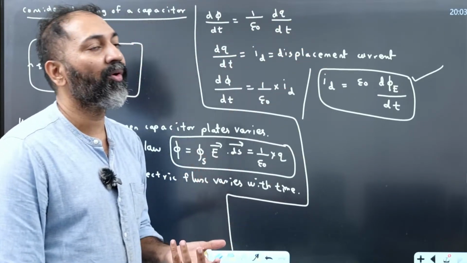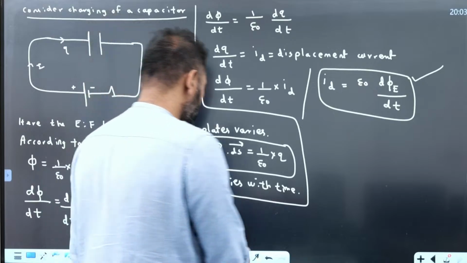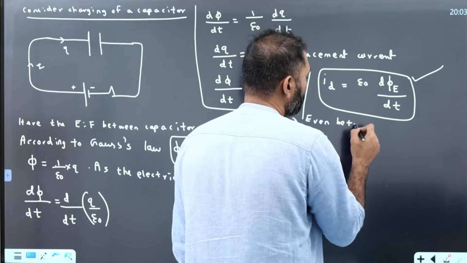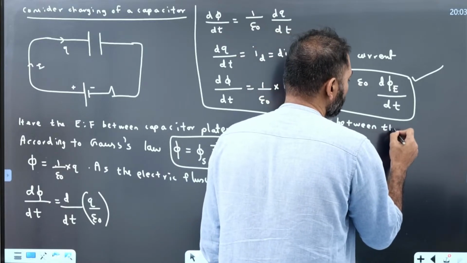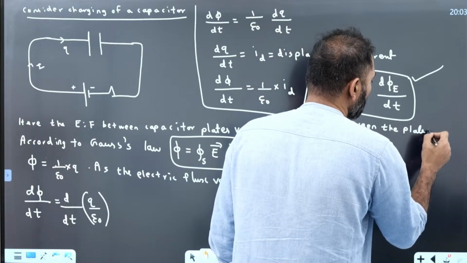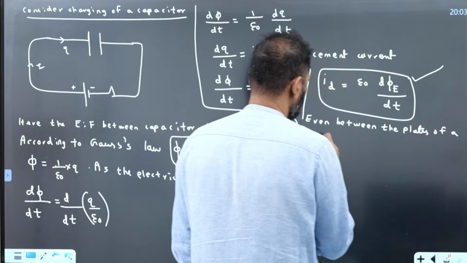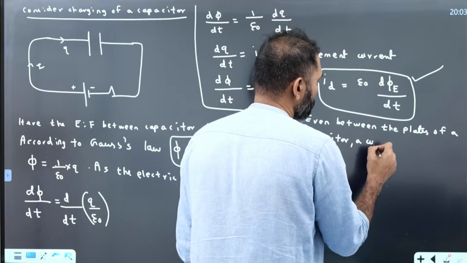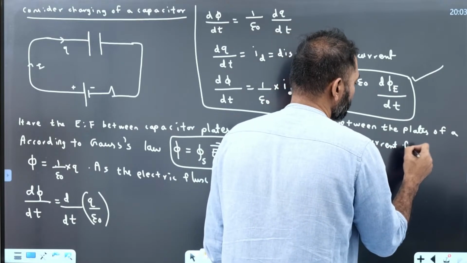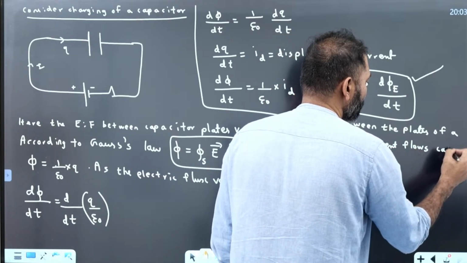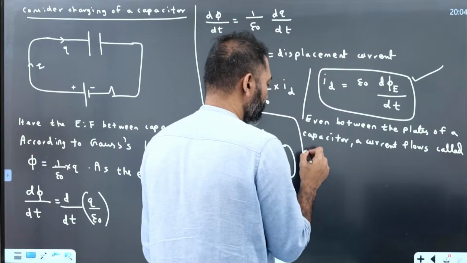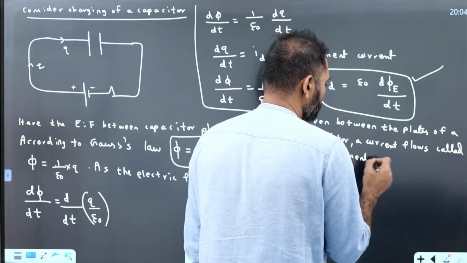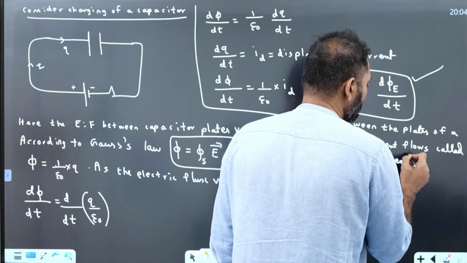So we came to know even between the plates of a capacitor, a current flows called displacement current.